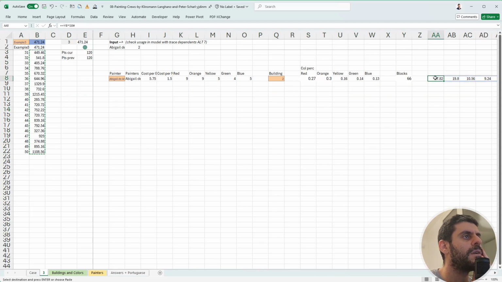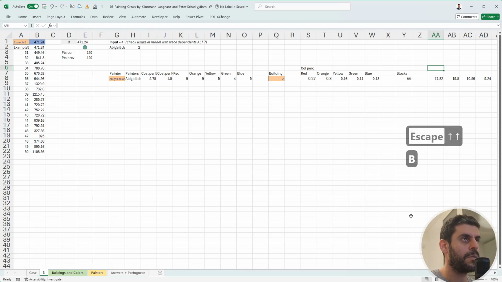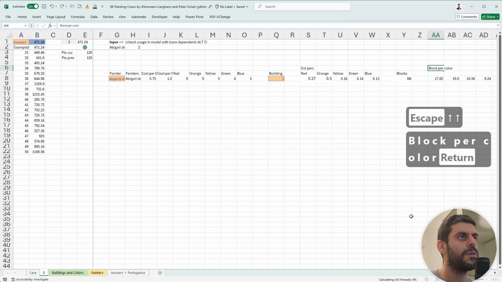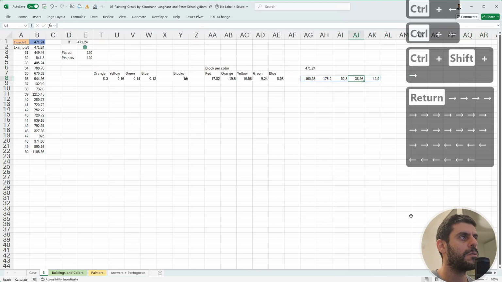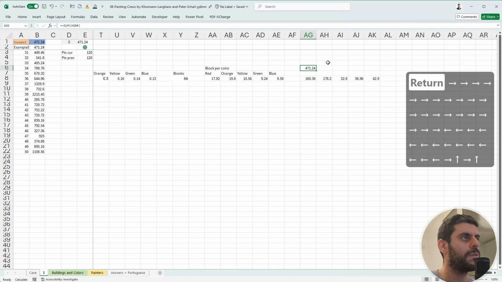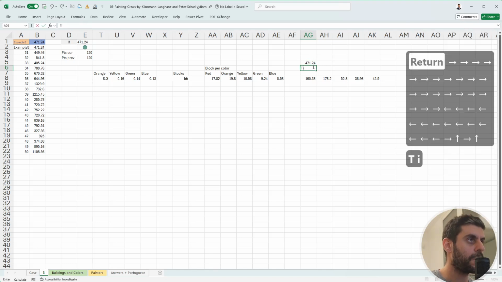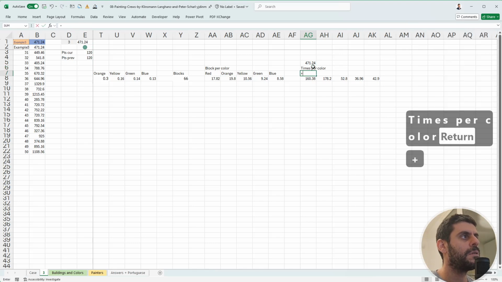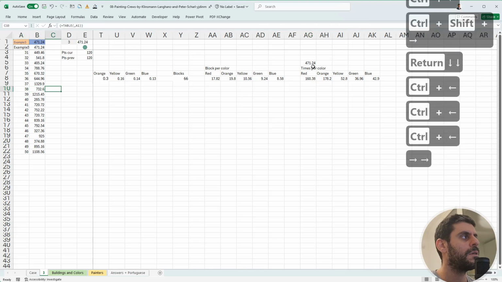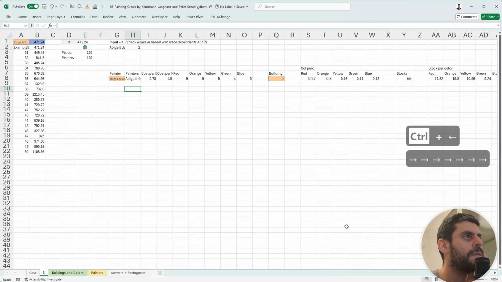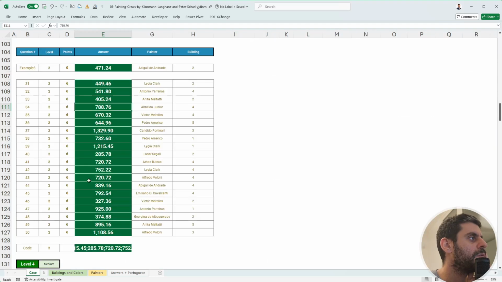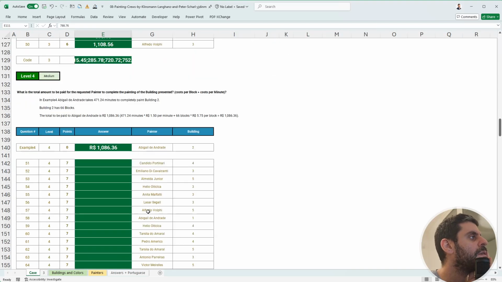Okay, so those are blocks per color. And those are times per color. Okay. Hopefully this does make sense. 16038.